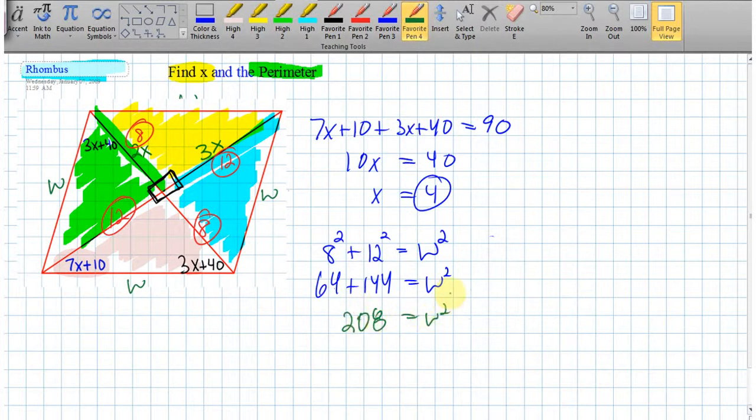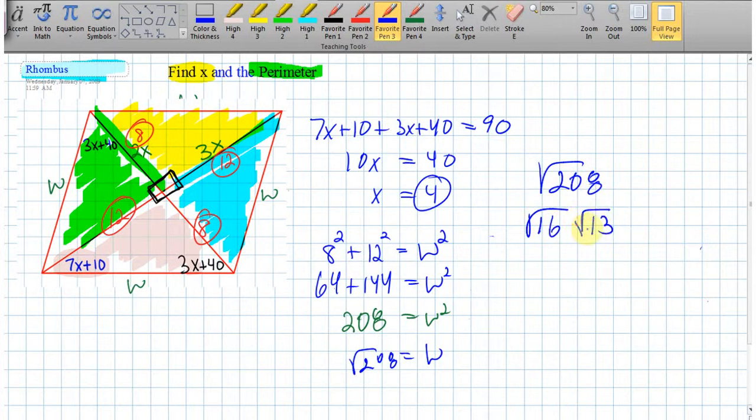And so what are some factors of 208 that are perfect squares? I think I got it. W is the square root of 208, and if I simplify the square root of 208, that is radical 16 times radical 13, otherwise known as 4 radical 13.